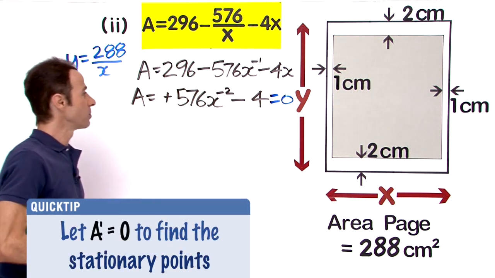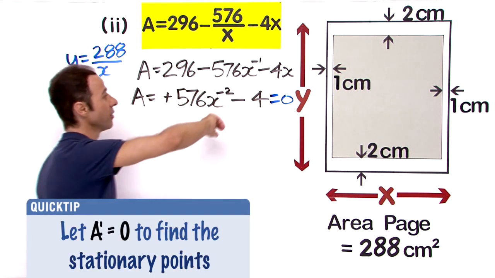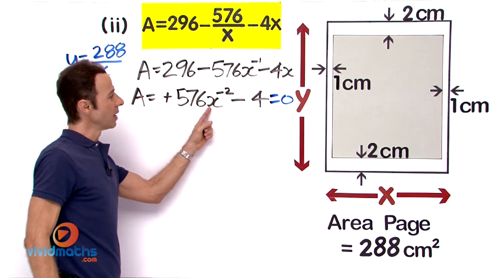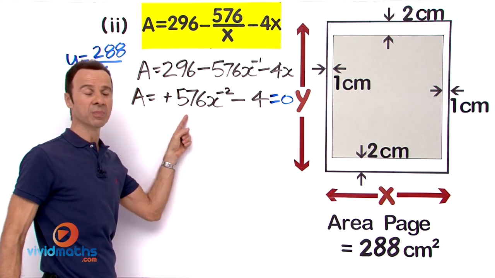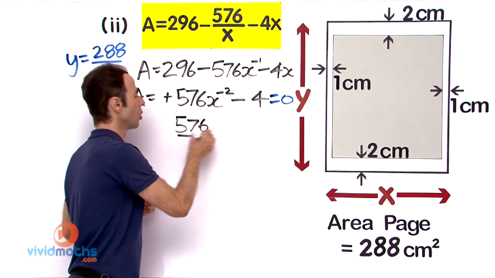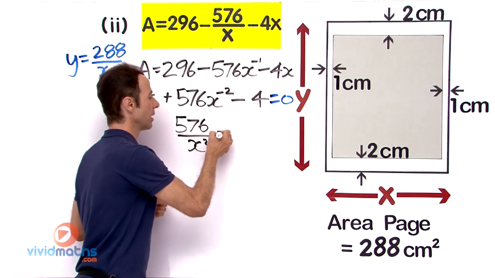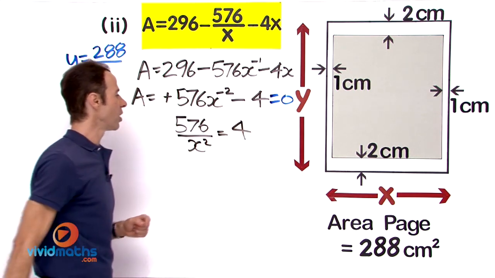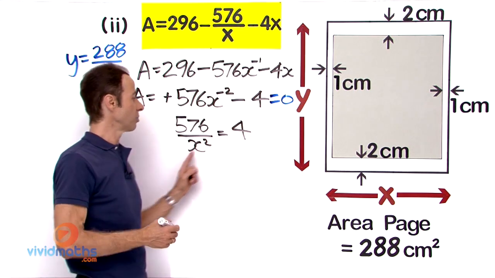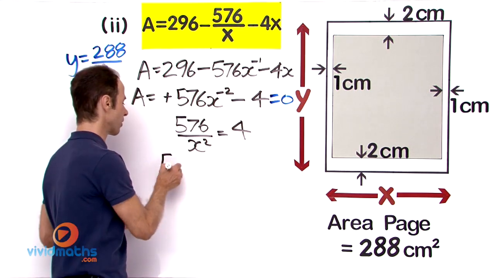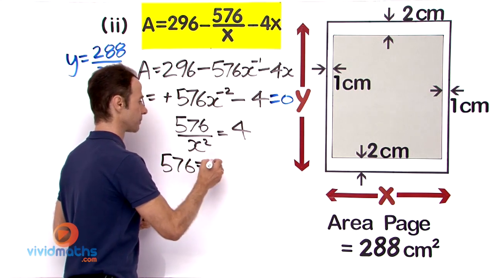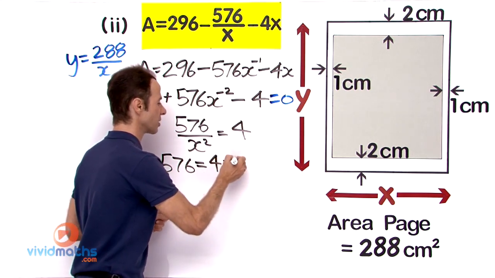Equaling 0. Let's bring the 4 over the other side to make it a lot easier to work with. And also, let's bring the x back underneath so we can manipulate it easier. So we've got here 576 all over x squared. That equals 4. Let's multiply both sides by x squared. And that's going to bring the x squared over that side. So we're left with 576 equals 4x squared.